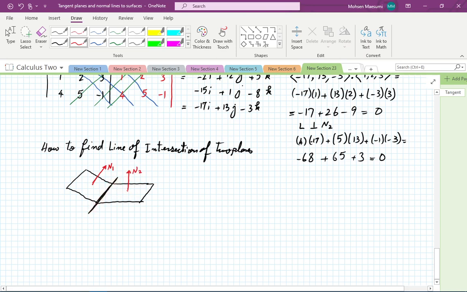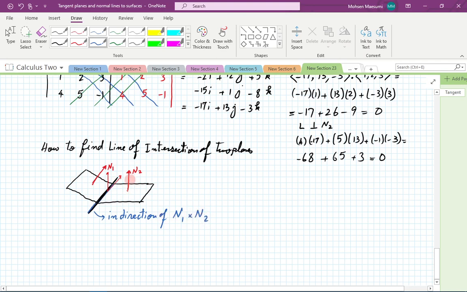Well, what is this intersection? Well, if I draw the n1 and n2 here, you see that the intersection line is actually a cross product of, so this thing is in direction of n1 cross n2. Why?